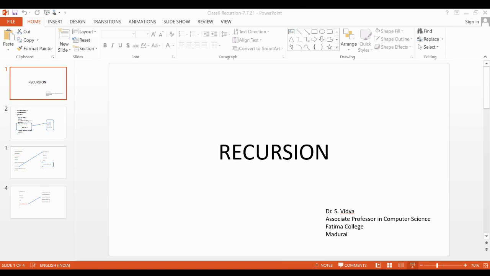The next iteration will be 1 into 2, which is 2. Then 2 into 3 for the third time, which will be 6, the fourth time 6 into 4, so 24, and the final round will be 24 into 5, which will become 120. So 120 is the result, and that will be printed out in the cout statement. This is a process done using the for loop.